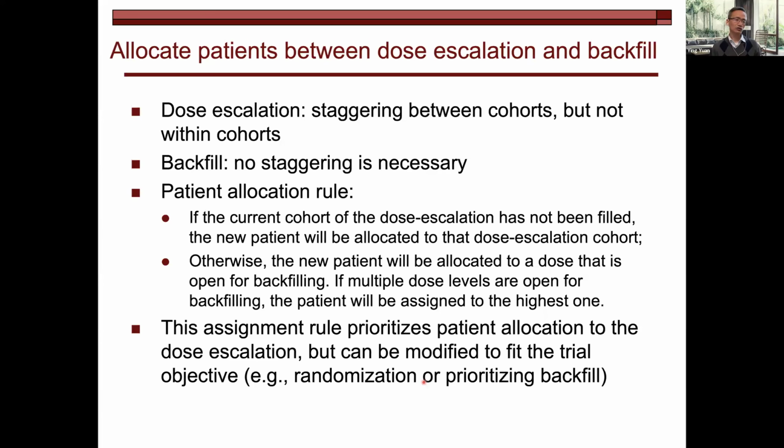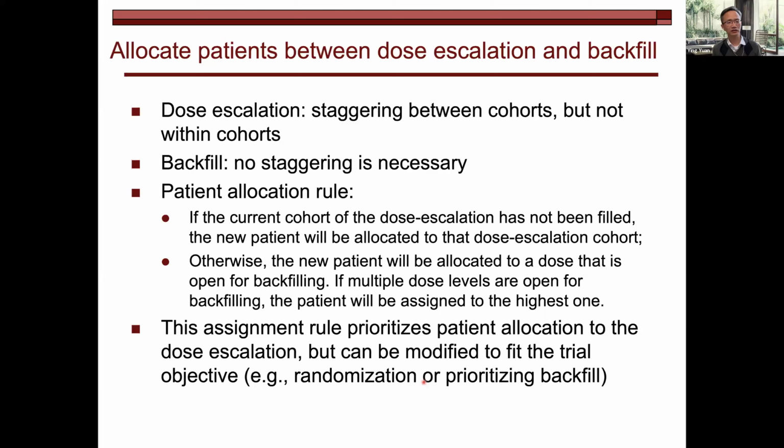Once we have those rules in place, the last element we need is how to allocate patients between dose escalation and backfill. Based on the trial objective, different strategies can be used. One commonly used one I call prioritized dose escalation.